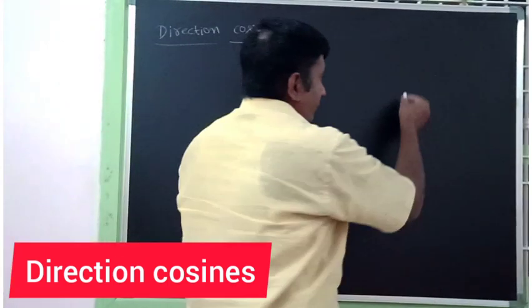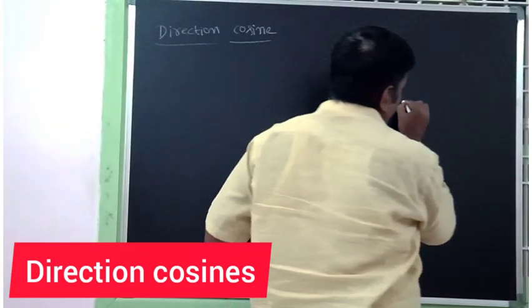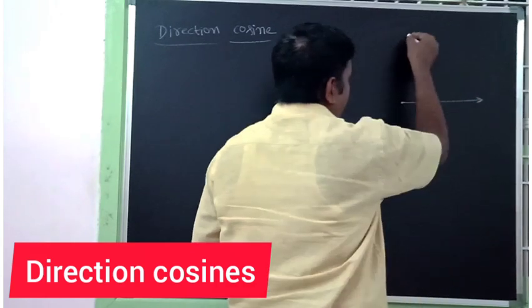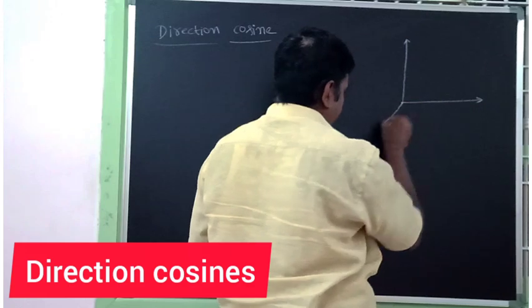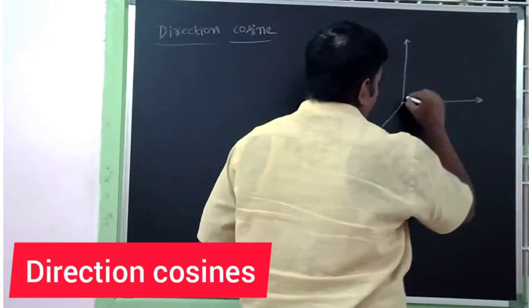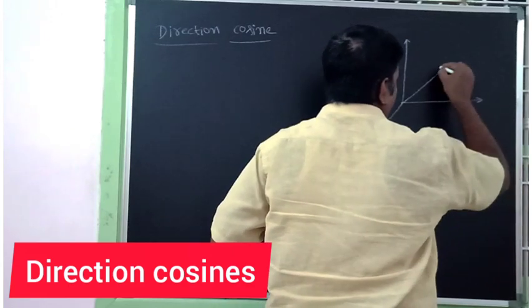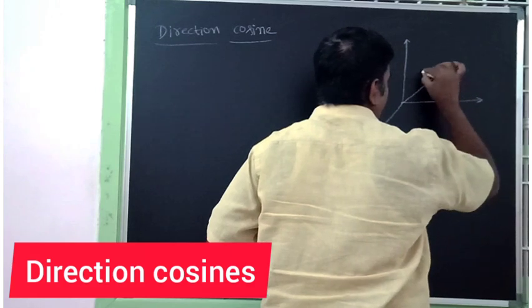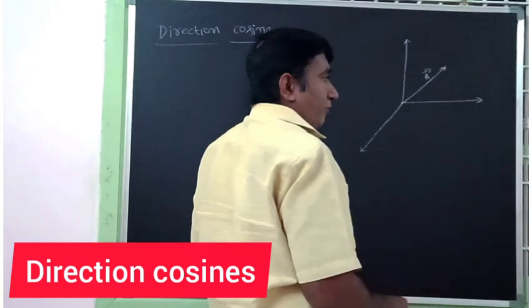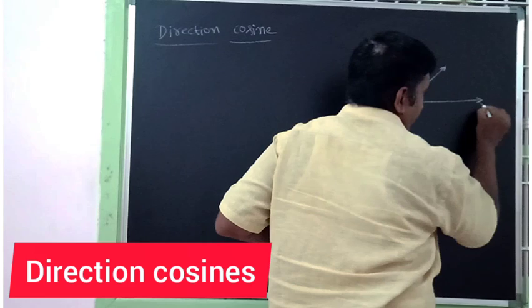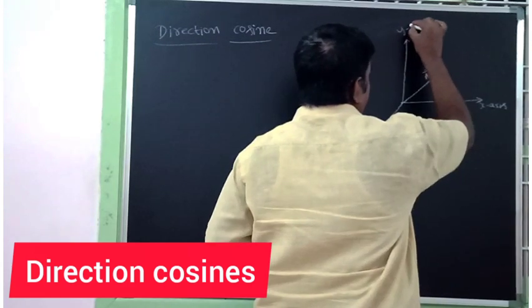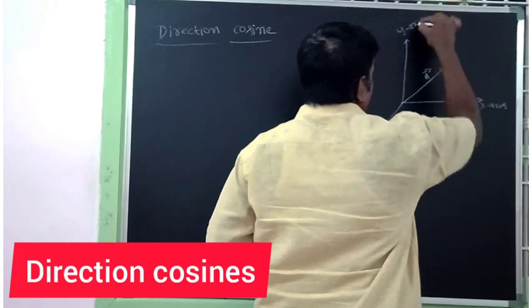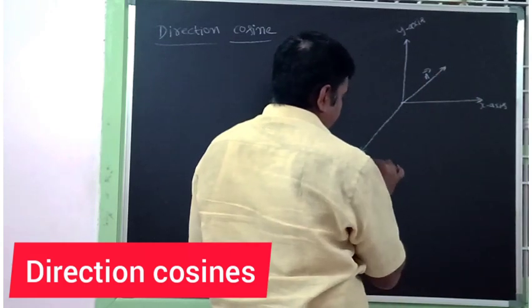So here you have been taken one vector, which has been resolved into three components. If this is the vector a which I have taken here, it is resolving into three components: a x-axis, this a y-axis, and this a z-axis.